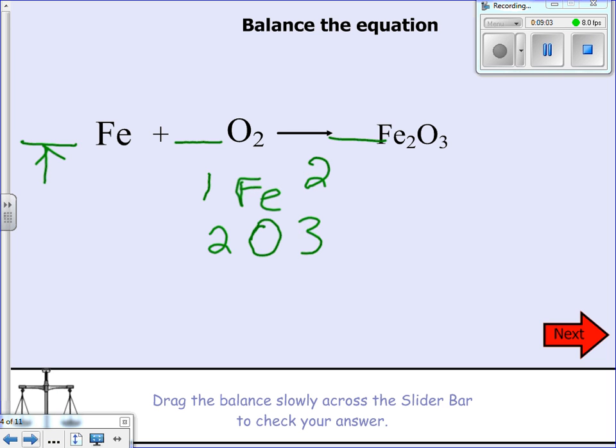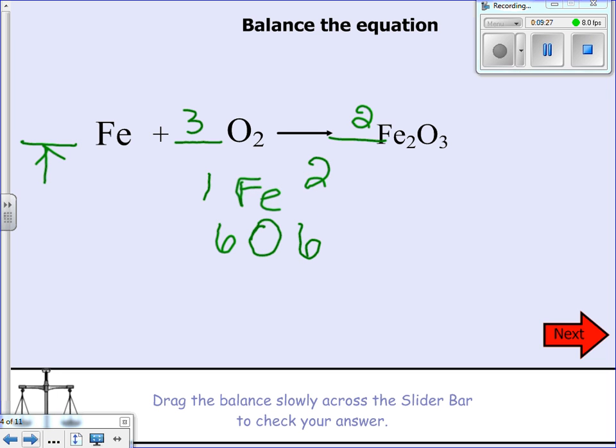All right, so I need the least common multiple of 2 and 3 to balance out my oxygen. So the least common multiple would be 6. So I can put a 3 here to give me 6. And then I can put the 2 here because 2 times 3 is 6.